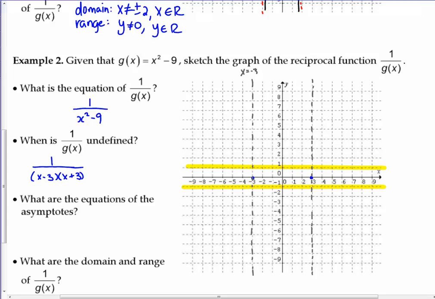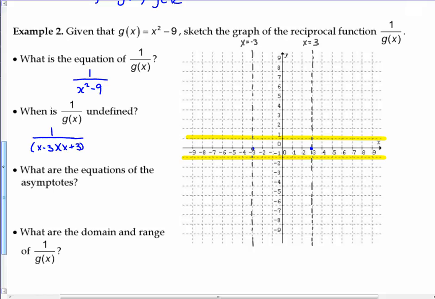Okay, so there's the asymptotes x equals 3 and negative 3. Let's graph the original function. Let's get some points on the original function. Tell me some of the points. Okay, so where's the vertex? Let's start there. It is in vertex form, 0 and negative 9.